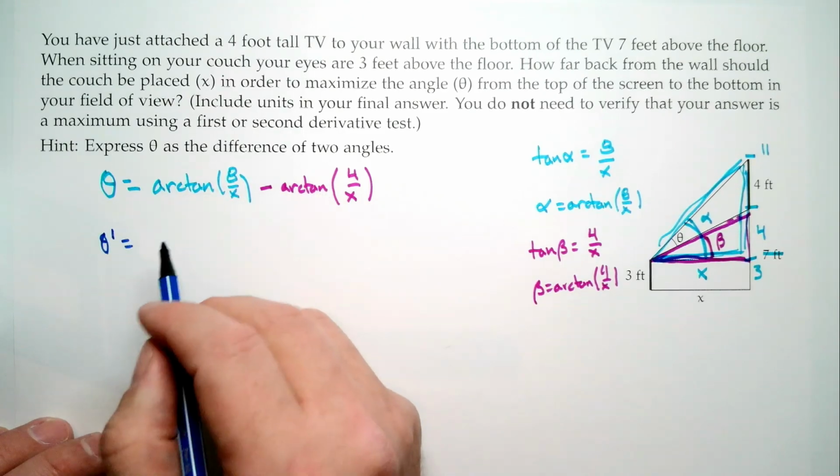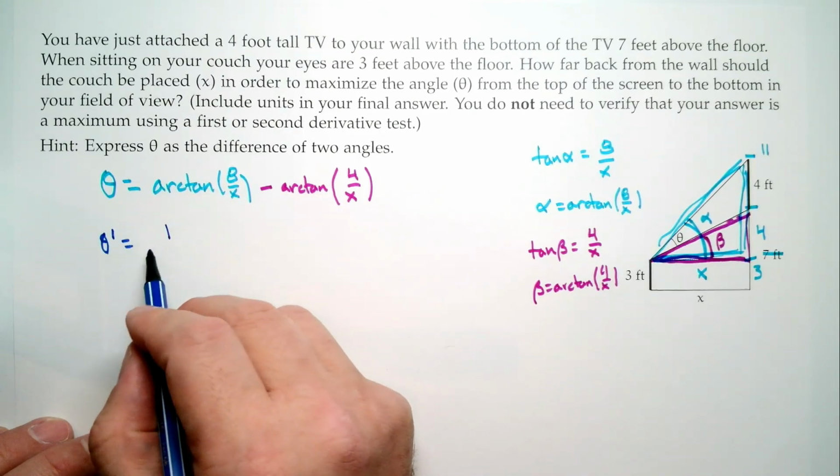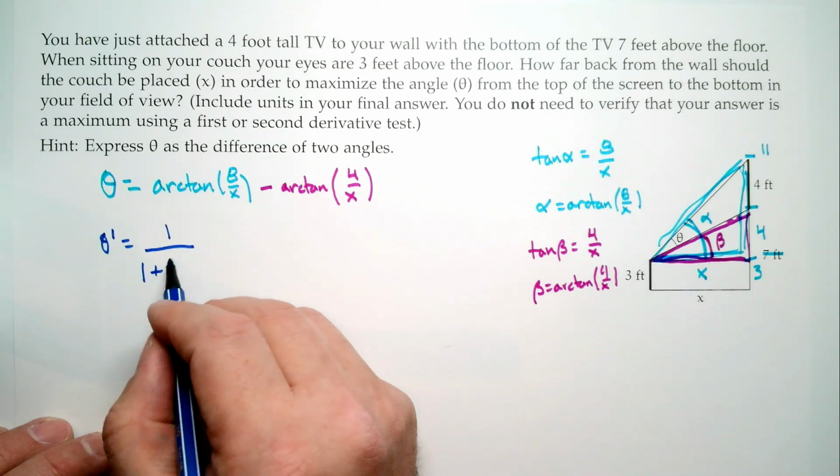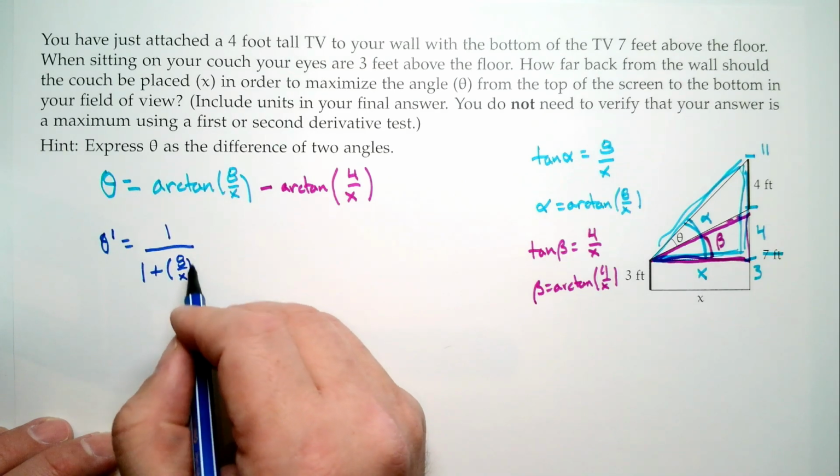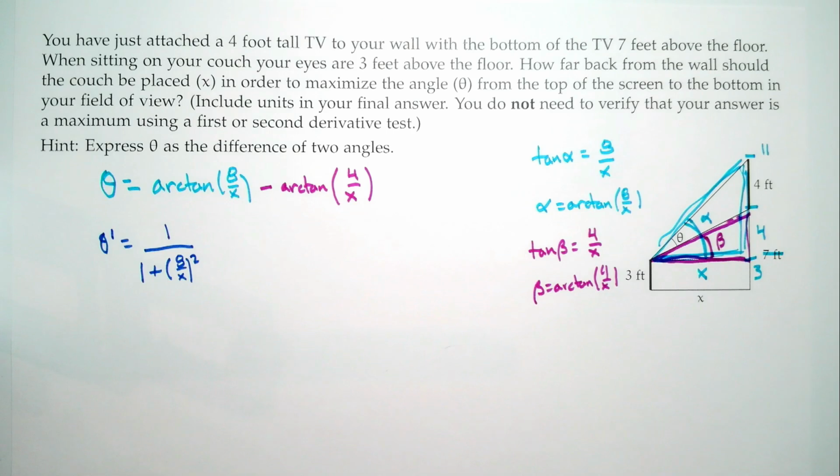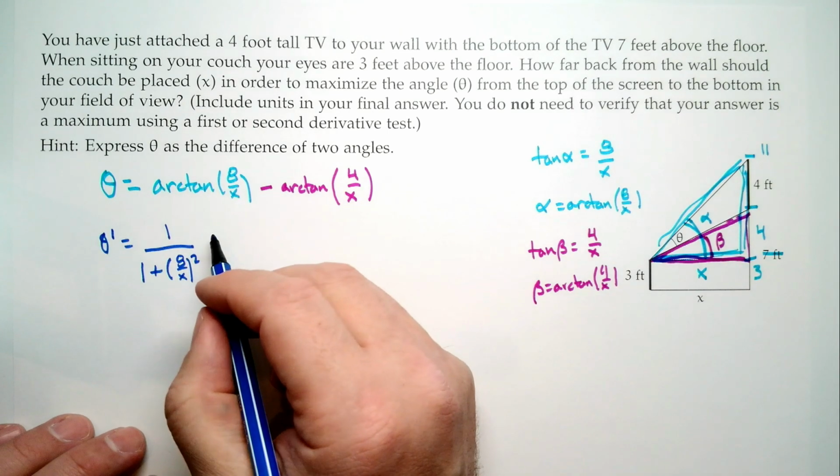Derivative of arctangent of 8 over x. Well, arctangent, derivative of that is 1 over 1 plus the inside squared. Do we need to do anything else? Yeah, times the derivative of the inside. Now, the derivative of 8 over x. Do you know what that is?